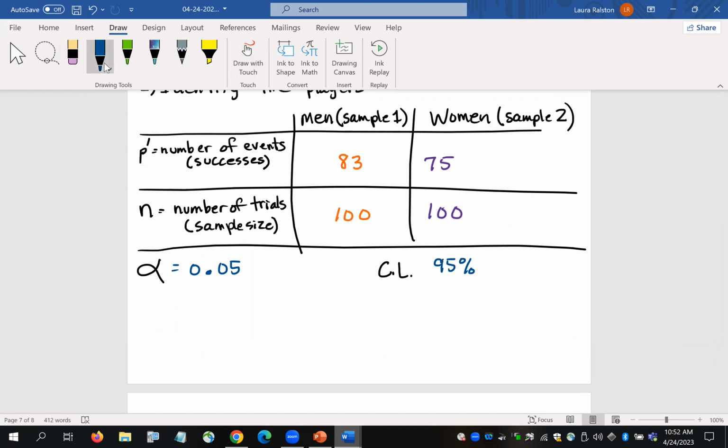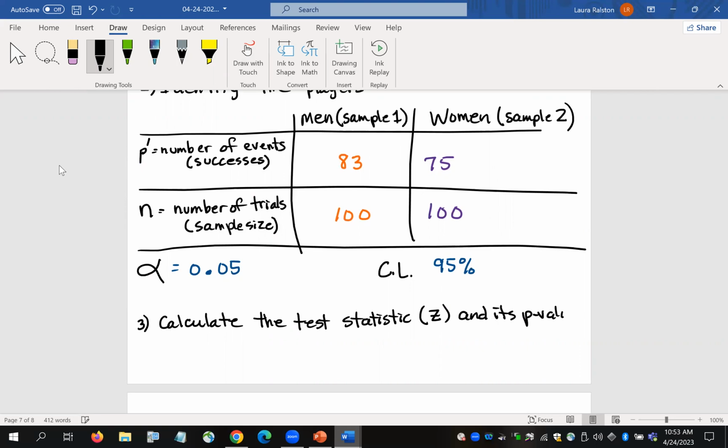Step 3 is to calculate the test statistic, which is a Z, and the p-value.